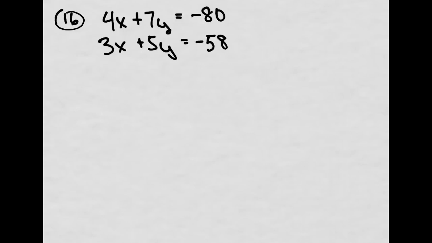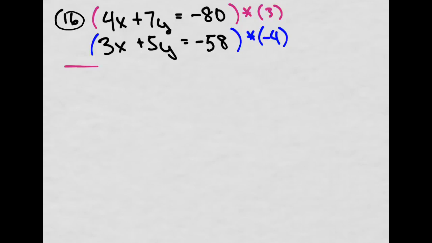So you kind of get to pick whatever numbers you want to, but if we can keep smaller numbers, let's do that. If we multiply the top one by 3 and the bottom equation by negative 4, that's going to make our x's match up.